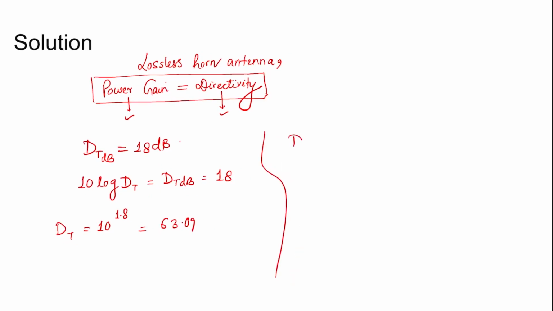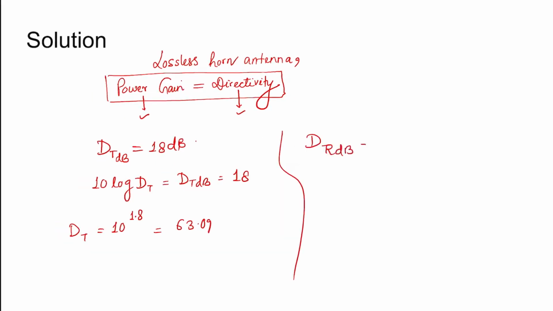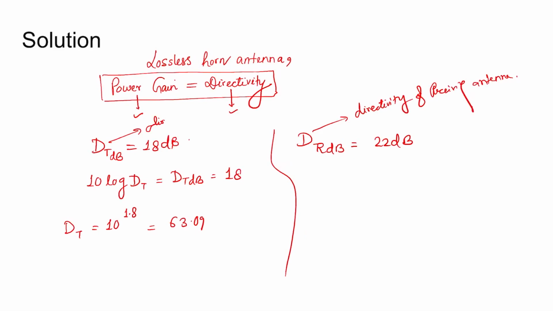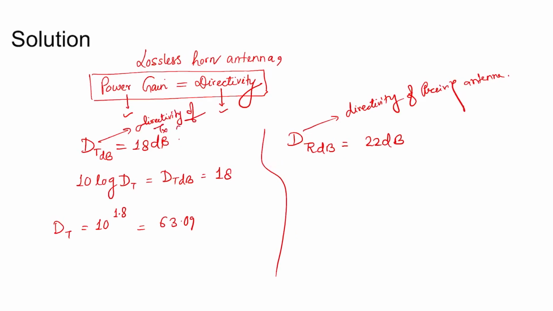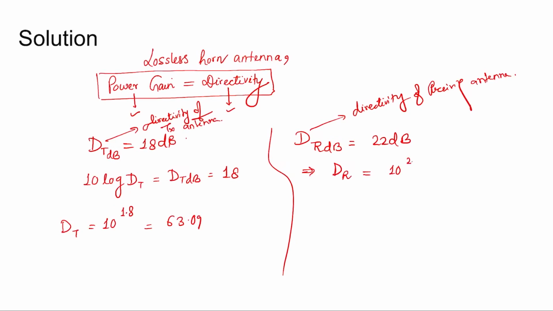Similarly, DR in dB is given to be 22 dB. This is the directivity of the receiving antenna, which is 10 to the power 2.2, coming out to be 158.48.